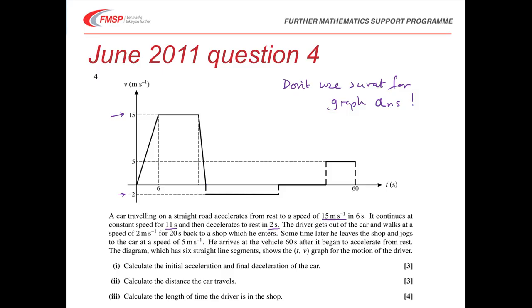He then is in a shop where we have a velocity of 0 for a certain period, which is this part, and then he jogs back at a faster speed, which we're told is 5 meters per second, but we don't know for how long and how far. So we'll work through in order these parts of the question. We want the initial acceleration and final deceleration of the car and the distance it travels, and then to find out how long the driver is in the shop, which basically means filling in the rest of the times.